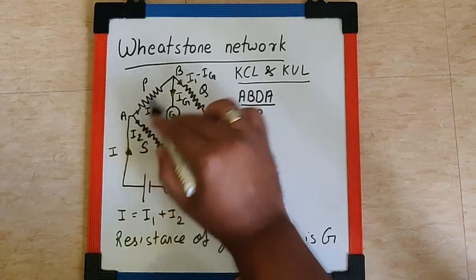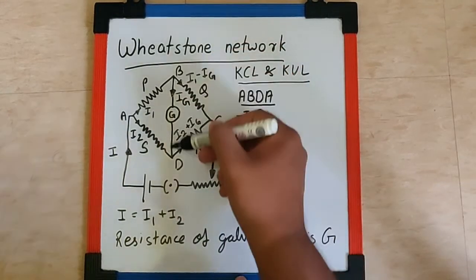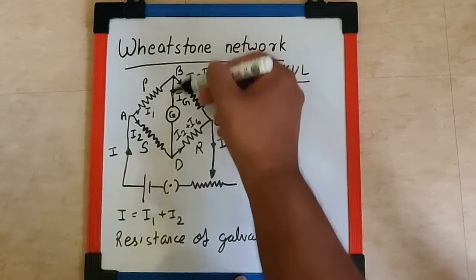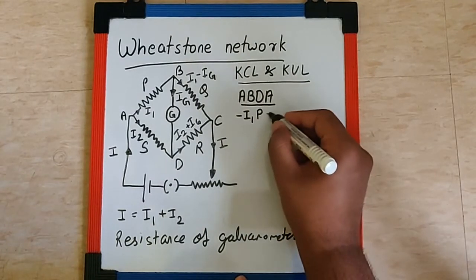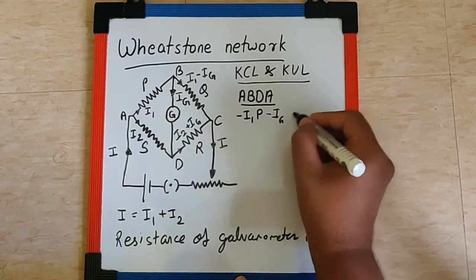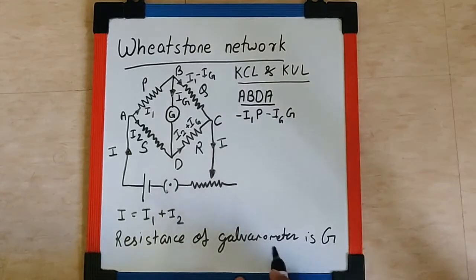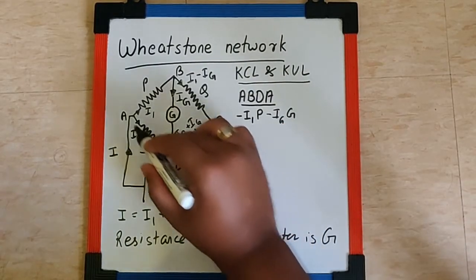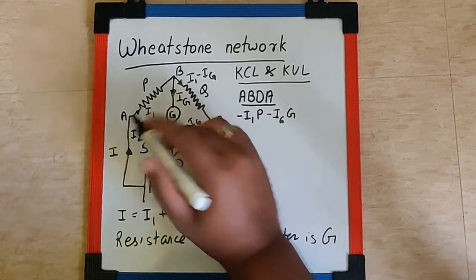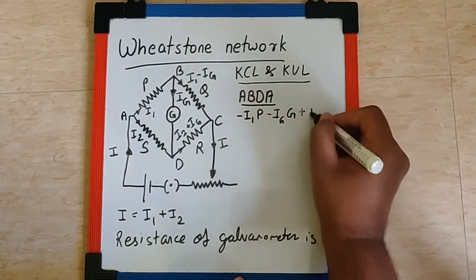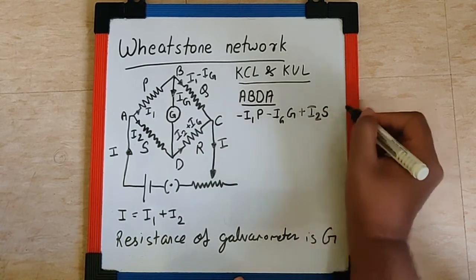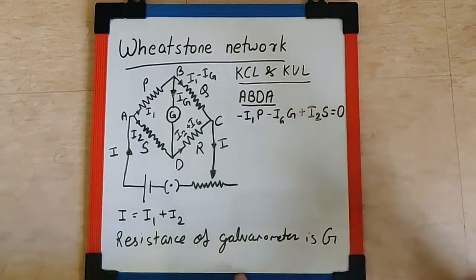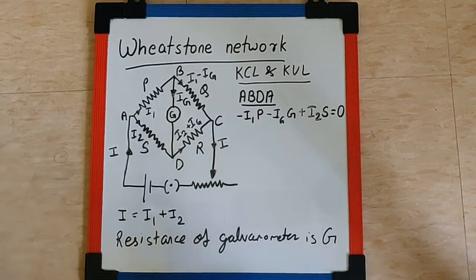Yes, P is the resistance. From B to D, again we are going in the direction of current, so it will be minus IG into G, where G is the resistance of the galvanometer. Then for D to A, we are going in the opposite direction, so it will be plus I2S. The total would be 0. So this is one equation when we apply KVL for loop A, B, D, A.